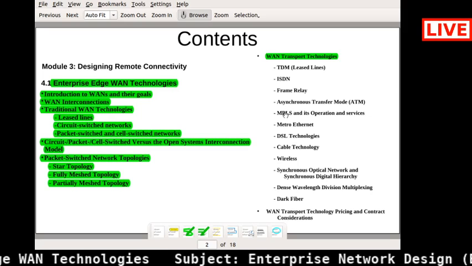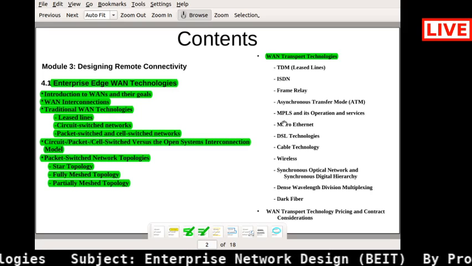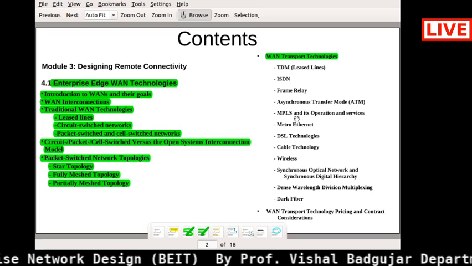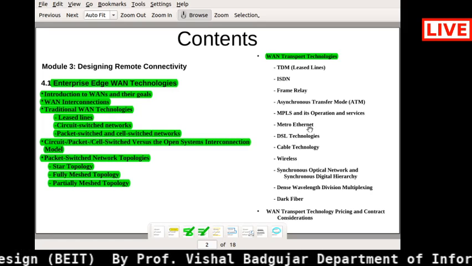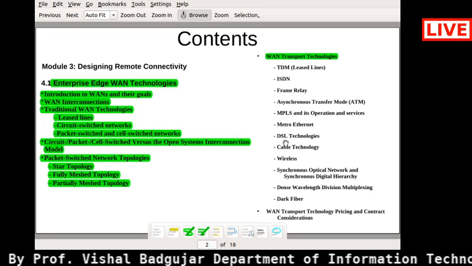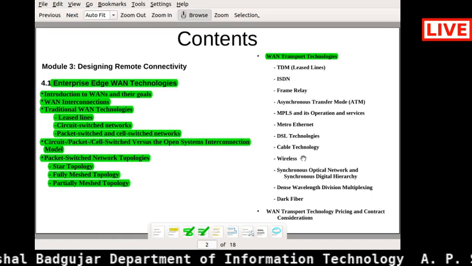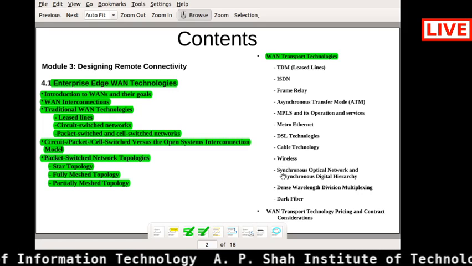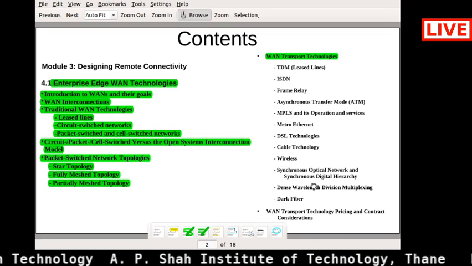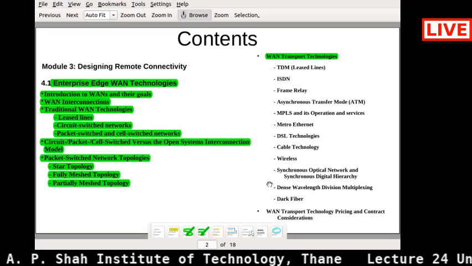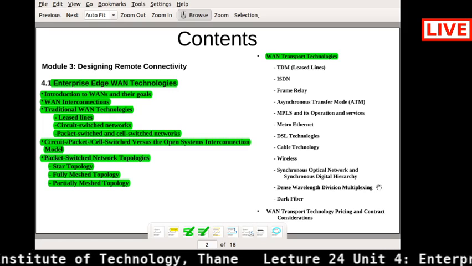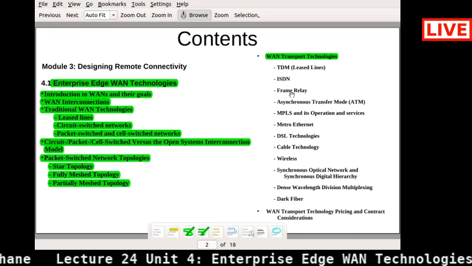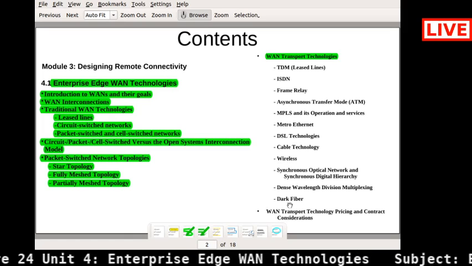In MPLS we will see the different operations and the services MPLS provides to us. Then Metro Ethernet, DSL technologies, cable technologies, and wireless techniques. Then SDM and SDH, the synchronous optical network and synchronous digital hierarchy. Then DWDM, dense wavelength division multiplexing, and last, dark fiber. All of these are the WAN transport technologies that we are going to see.